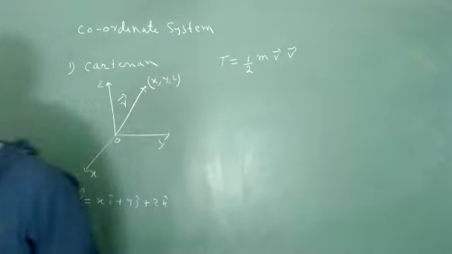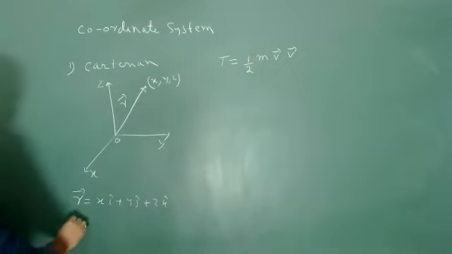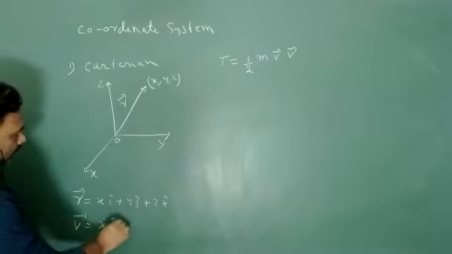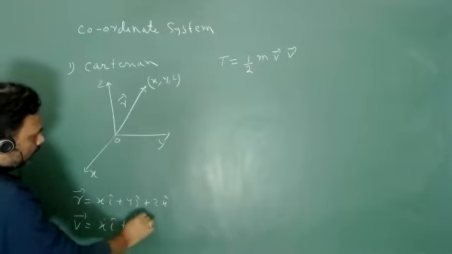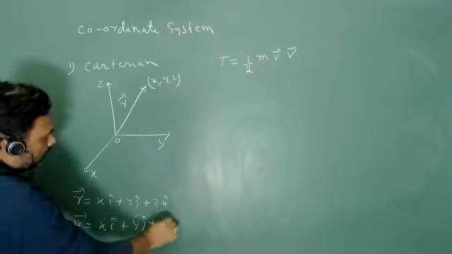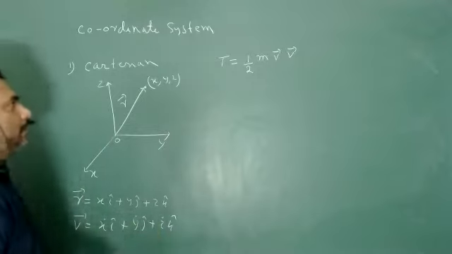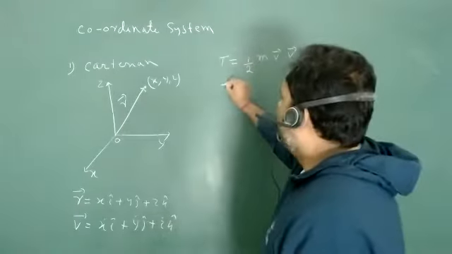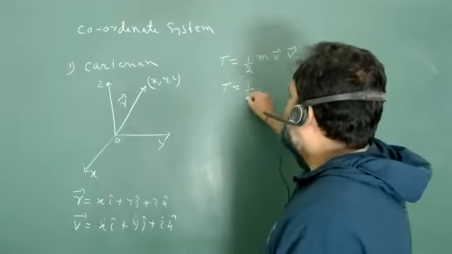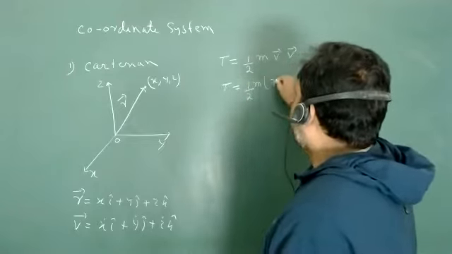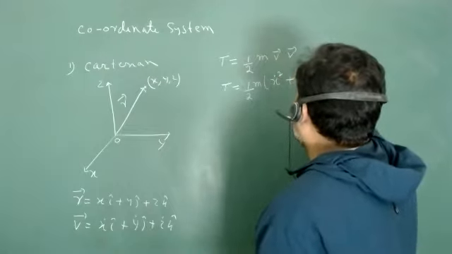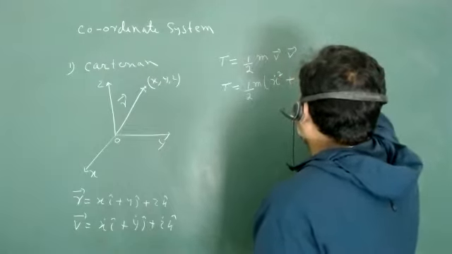So we can write my velocity as x dot i cap, y dot j cap plus z dot k cap. And obviously, trivially, we can write my kinetic energy is half m, and we can have x dot square plus y dot square plus z dot square.